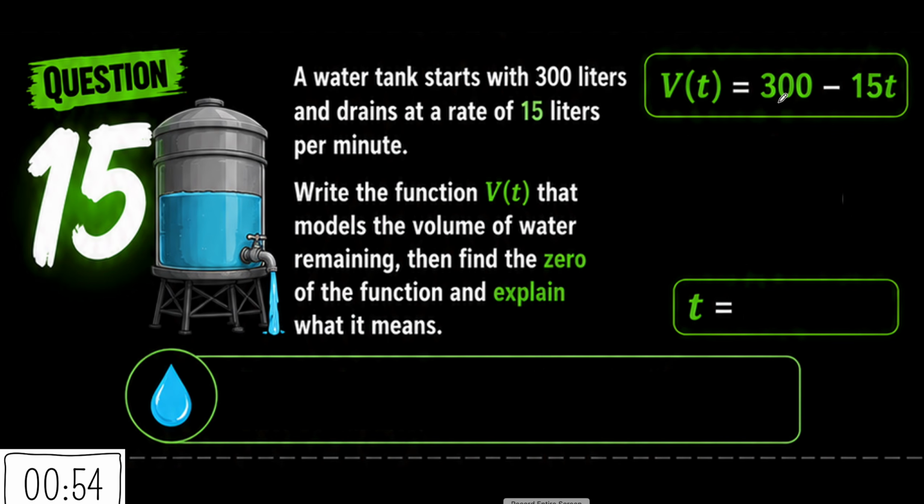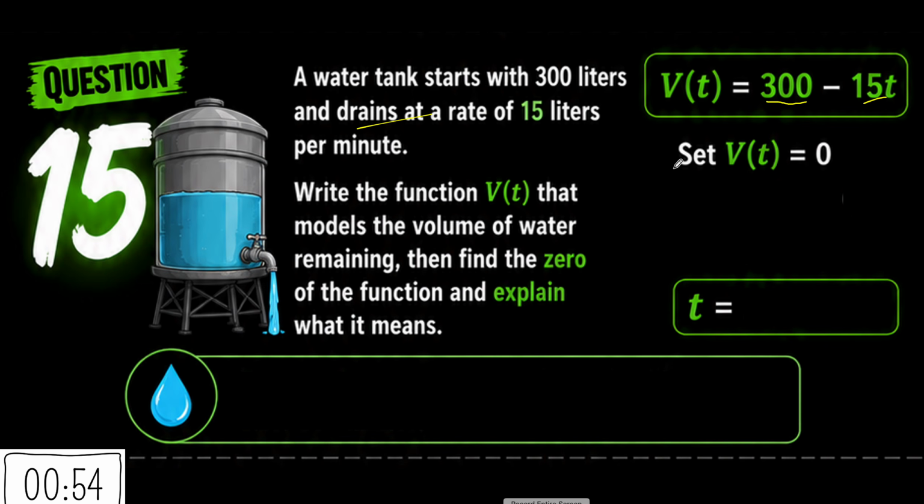So that is equal to 300 minus 15 times time. Okay? Kasi nade-drain nga, di ba, at the rate of 15 liters per minute. So, starting value niya, yung dami ng tubig niya kasi is 300 talaga. So, bawat minuto daw, nababawasan daw ng 15 liters. Okay? Ganyan lang siya intindihin.